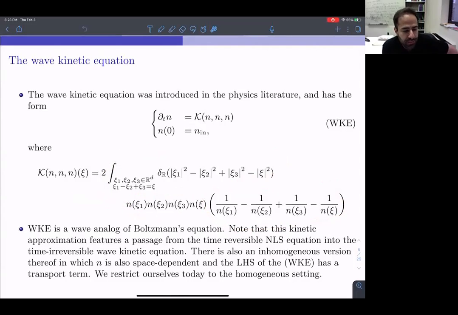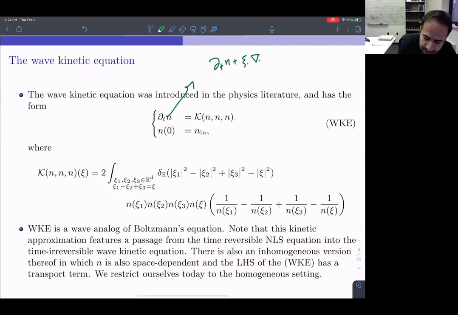And this is a kinetic approximation that features the passage from the time-reversible NLS equation into the time-irreversible wave kinetic equation. It has an entropy that increases in the positive direction of time. There's also an inhomogeneous version of this equation where, instead of dTn, you would have dTn plus xi dot grad x n.